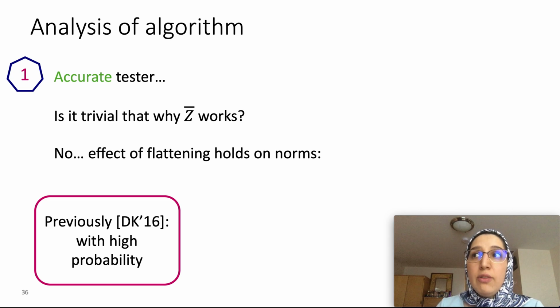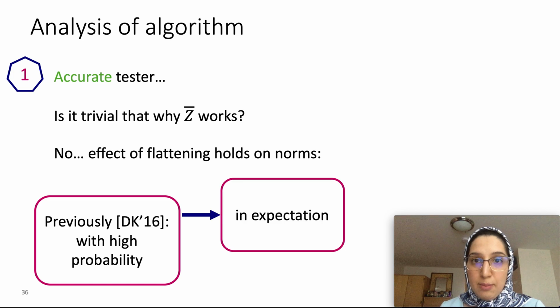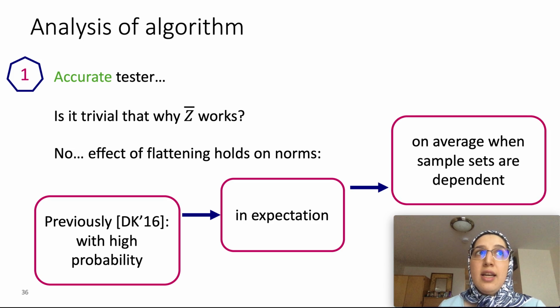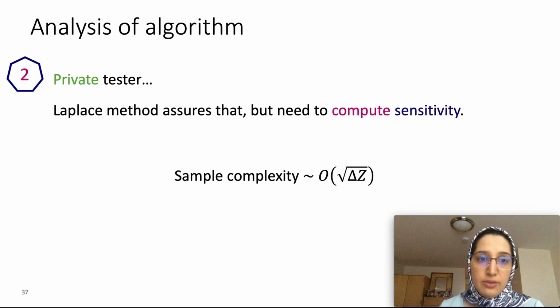But here, we are running this algorithm for several flattening samples, and we need to show that the result holds even when we are working on potentially non-independent flattening sets. So that's the first difficulty that we had to overcome.